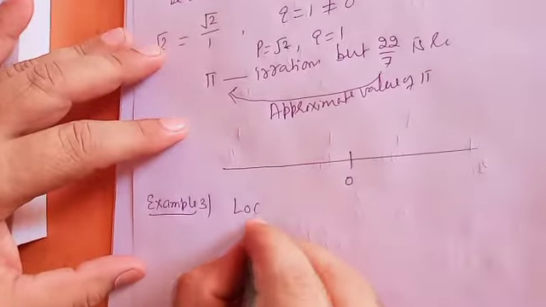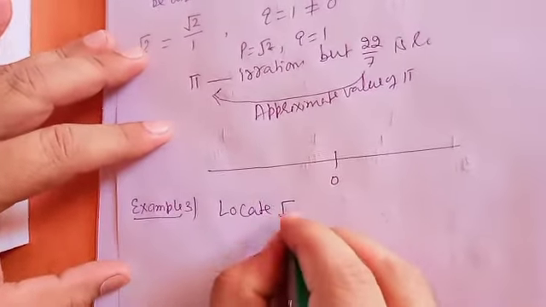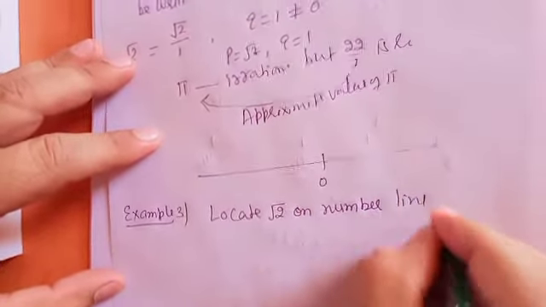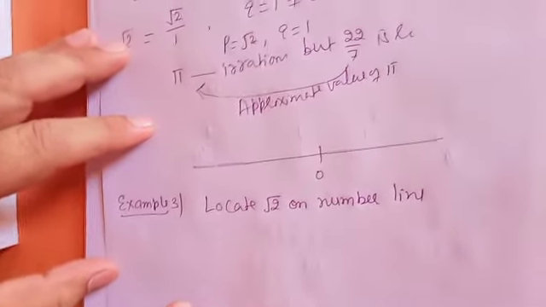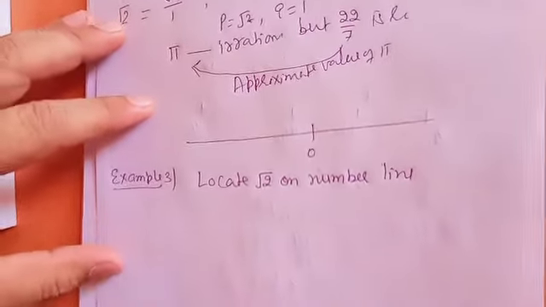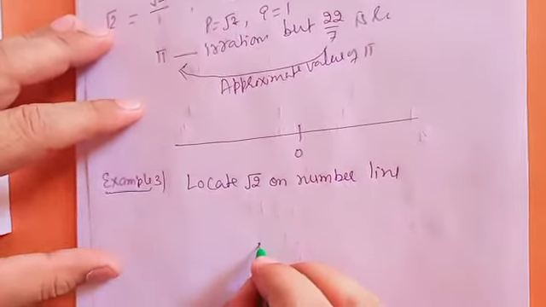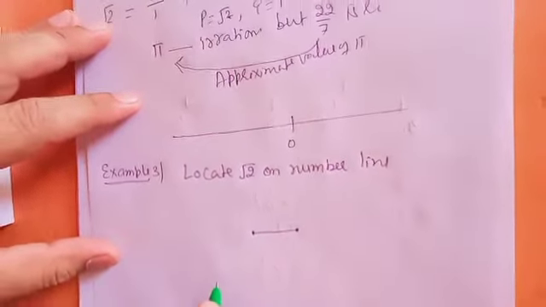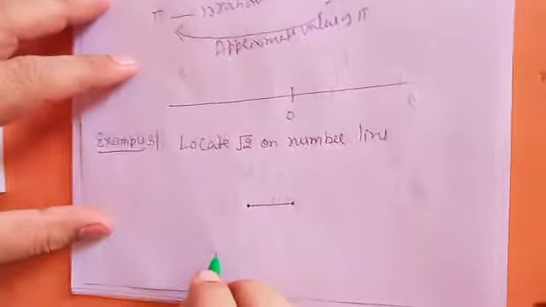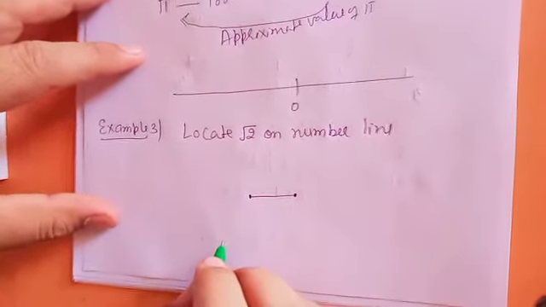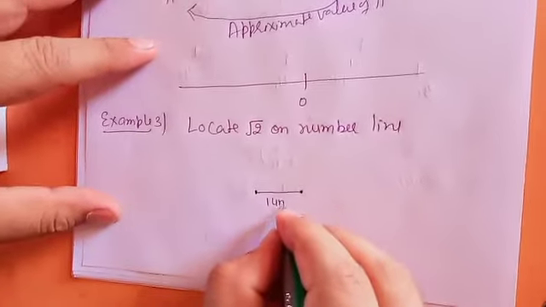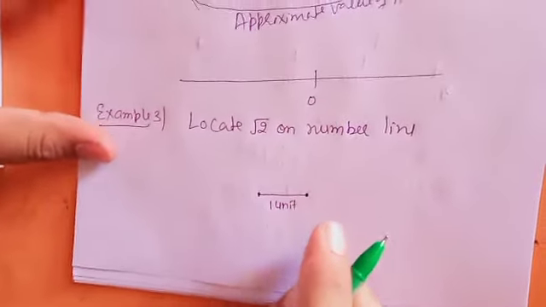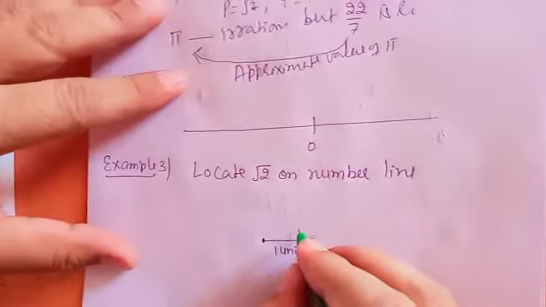Locate √2 on the number line. So what you can take: this is a line segment whose length is 1 unit. 1 unit means you can take 1 centimeter, 1 meter, whatever it may be.